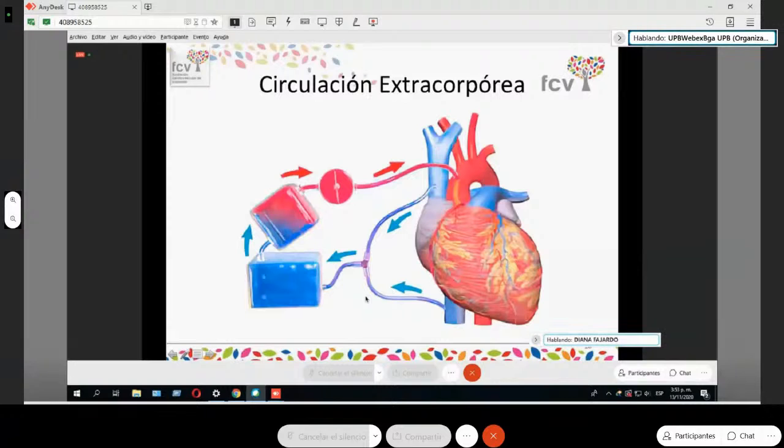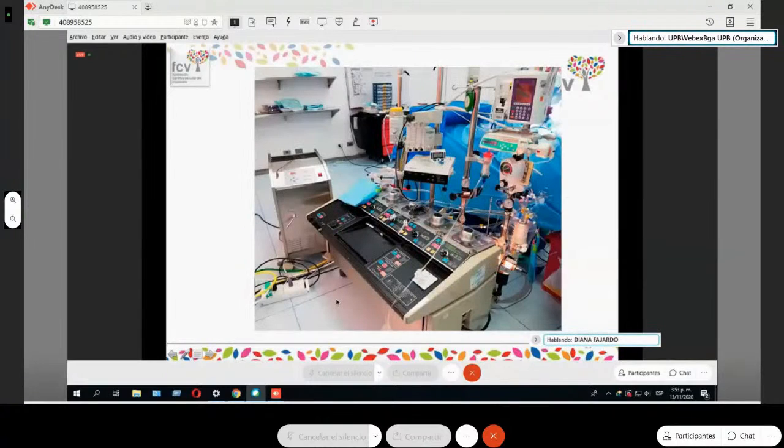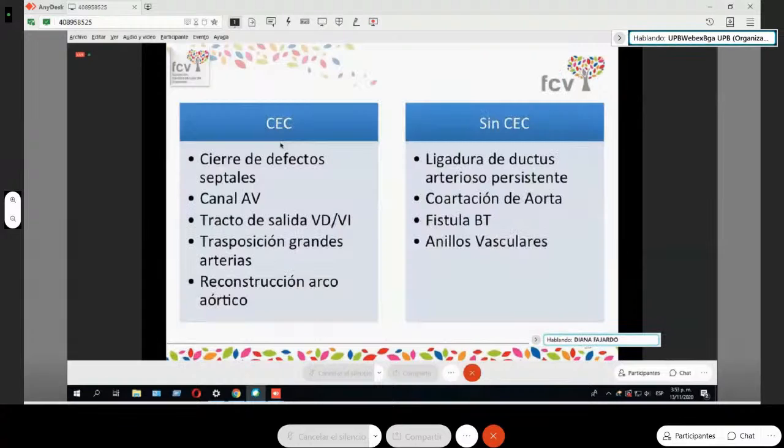So in 80% of the surgeries we do, we use this machine, and by using it, we can close holes within the heart. We can fix obstructions on the right side or on the left side of the heart. Surgeries such as the ones we mentioned, as transposition of the great vessels or hypoplastic left heart syndrome.